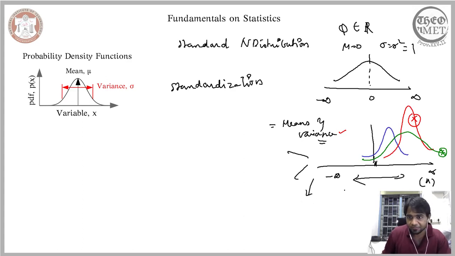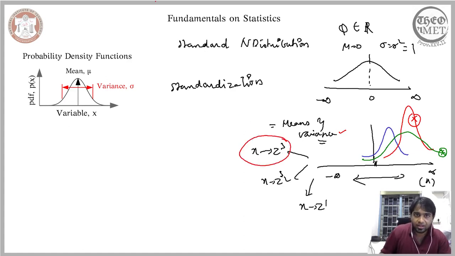So for instance, if I replace x with z1, z2 and z3, these z1, z2, z3 are the scaled variables. For red I'm using z3, for green I'm using z2, and for blue I'm using z1.